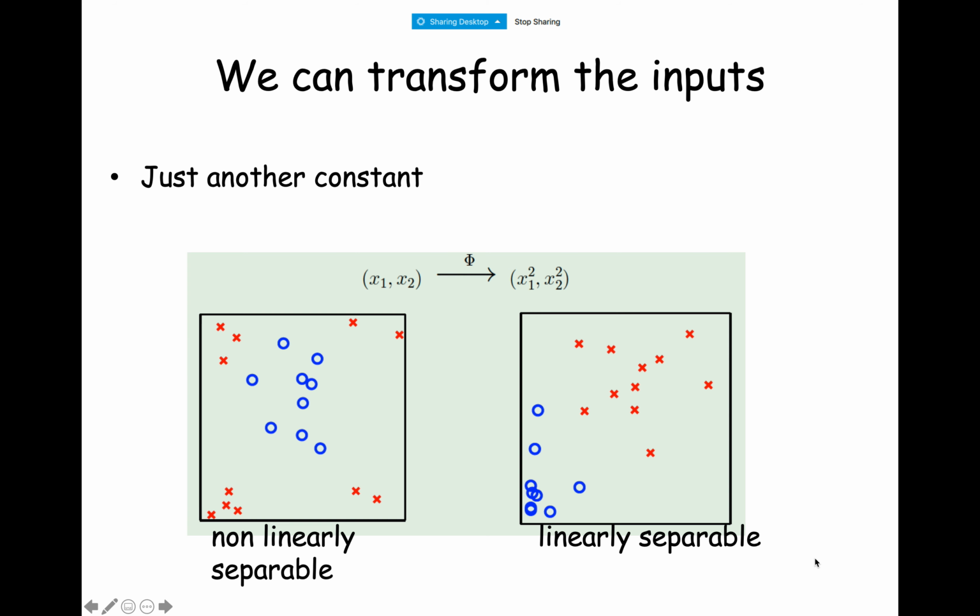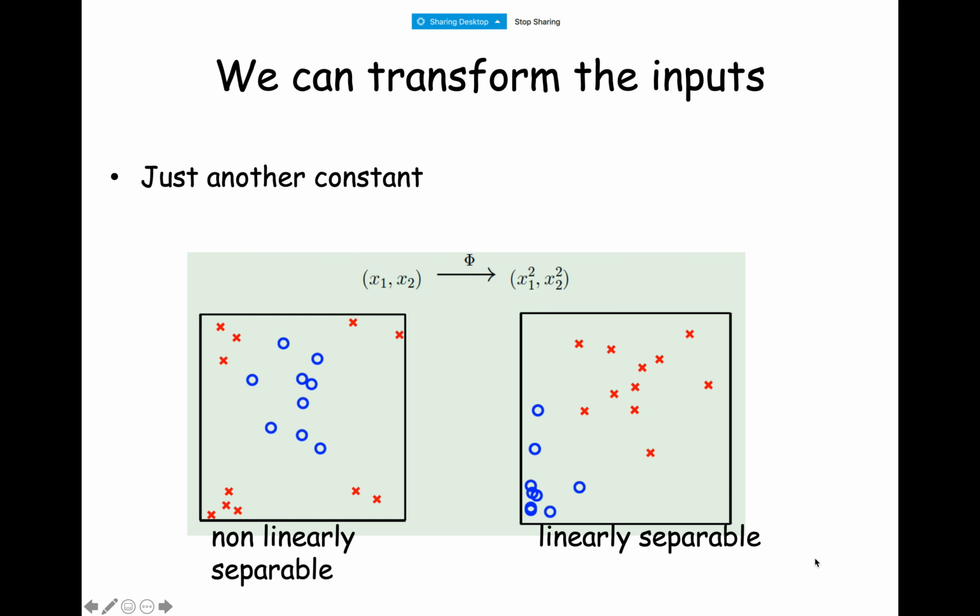Now, if we transform that, our phi function says, okay, I'm going to change the first feature to be the square of the value of the first feature from the original representation. And then I'm going to change the second feature to be the square of the second feature in the original representation. So one for one, this is the new value of that feature, and here x2 squared is the new value of the x2 feature.